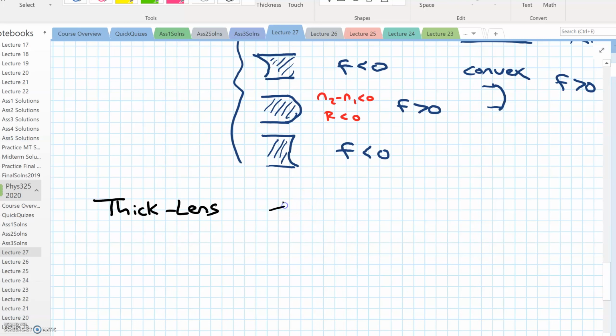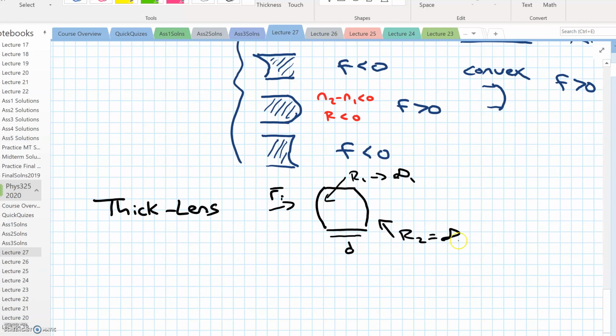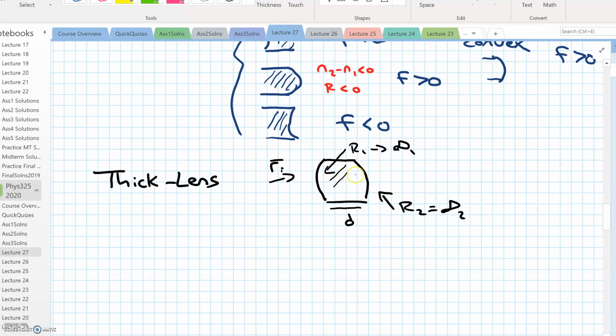We have an incoming ray. We have R1, which leads to a dioptic strength. We have a thickness, D. And we have R2, which is some other dioptic strength. So the matrix that corresponds to a thick lens is given by L, thickness D. The first thing that the ray sees is the first matrix.